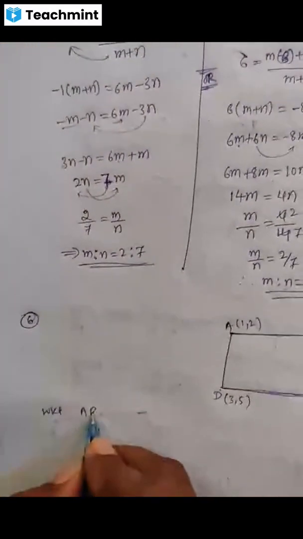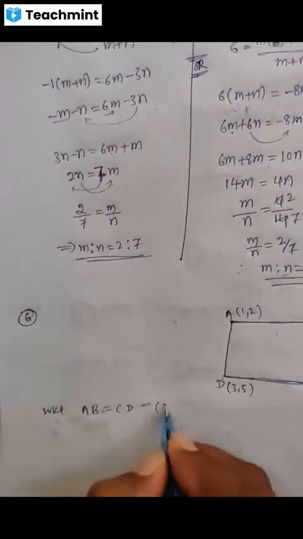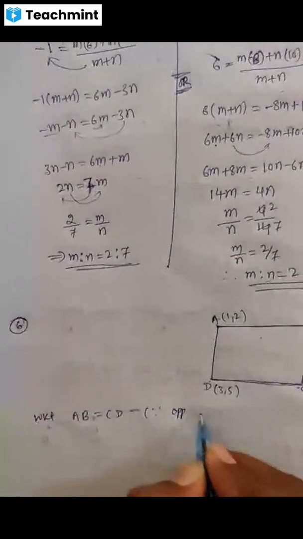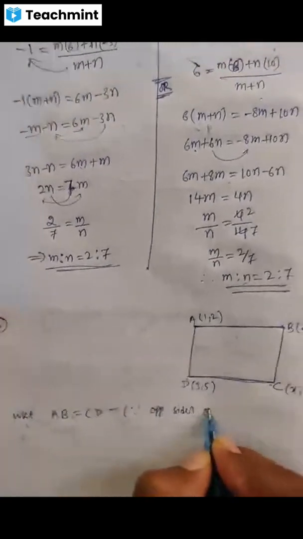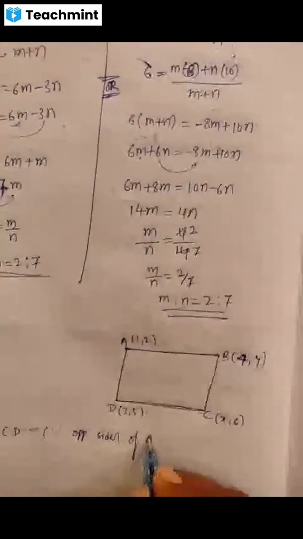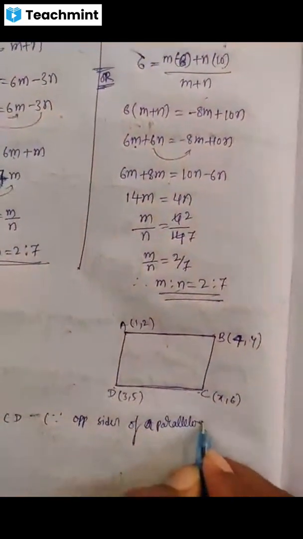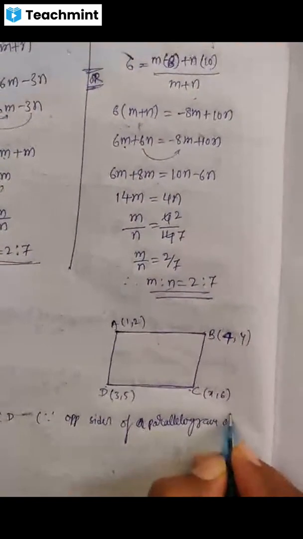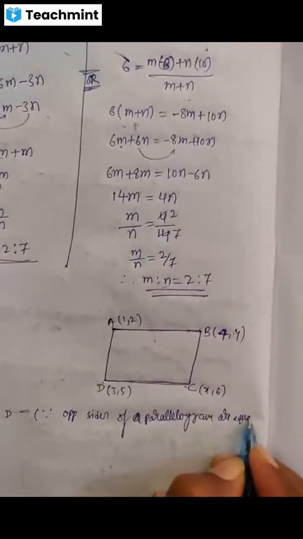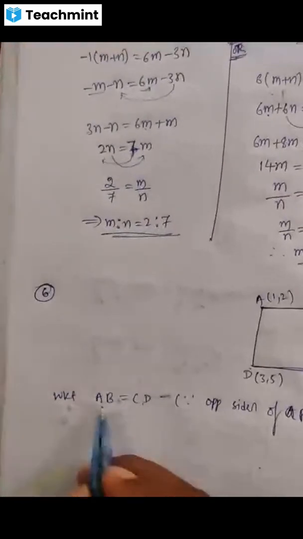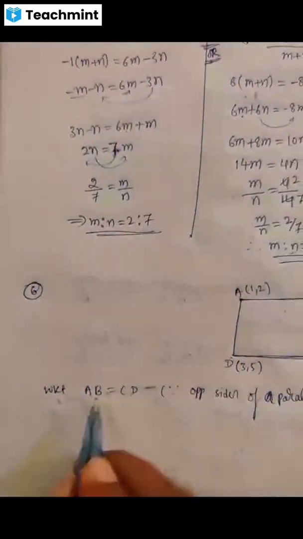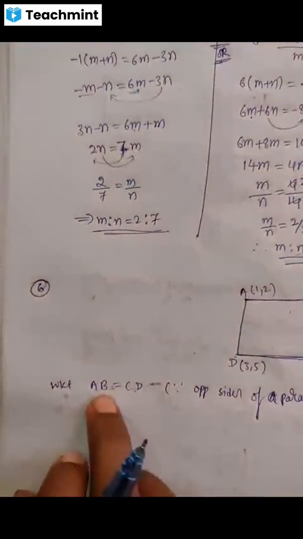So I am writing that we know that AB equals CD because opposite sides of a parallelogram are equal. To find AB and CD, which formula do we have to use here?